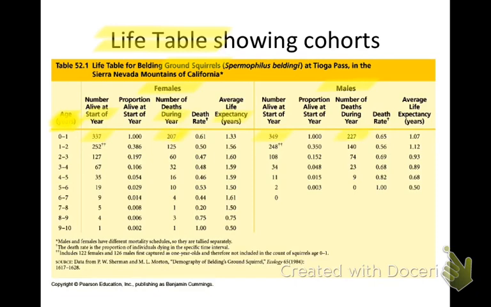Now, there's no reason why. This table doesn't tell us specifically why those squirrels died, but it gives us numbers. This is quantitative data, not qualitative. So life expectancy of a female and a male, relatively about the same, a little over a year.